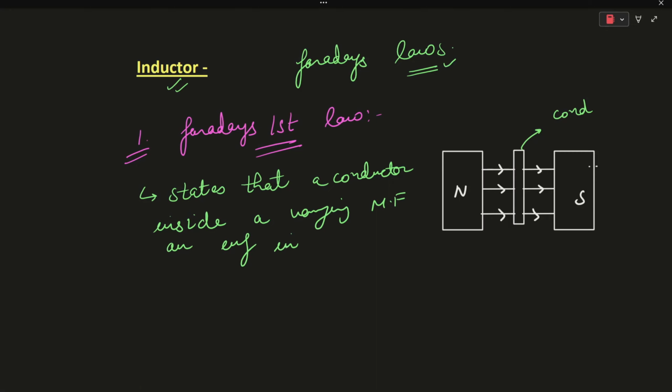If there is a closed path in this particular conductor, then a current will start to flow.